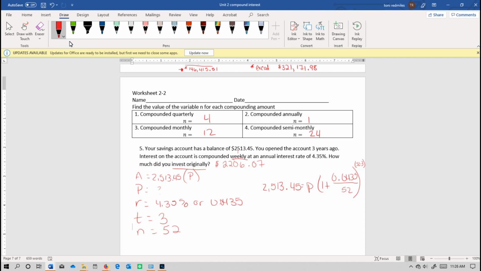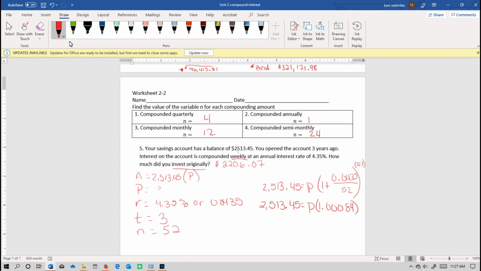I'm going to do what's in the parentheses first. And I get 1.00084, and then I'm going to round to the 5th place.